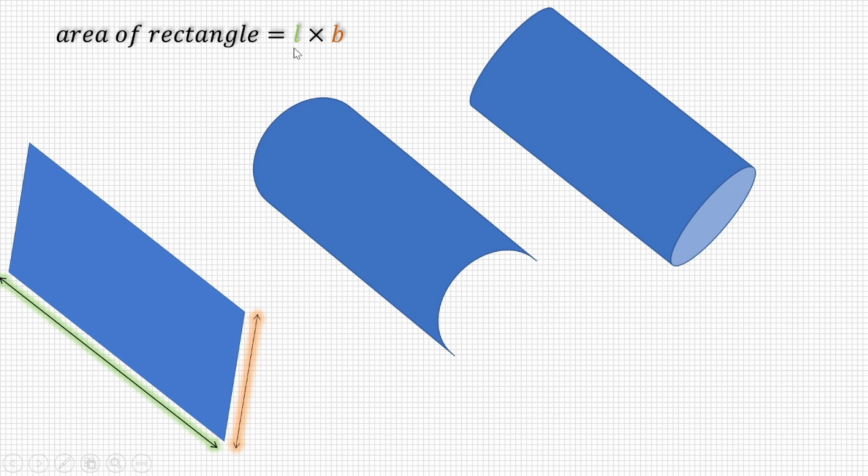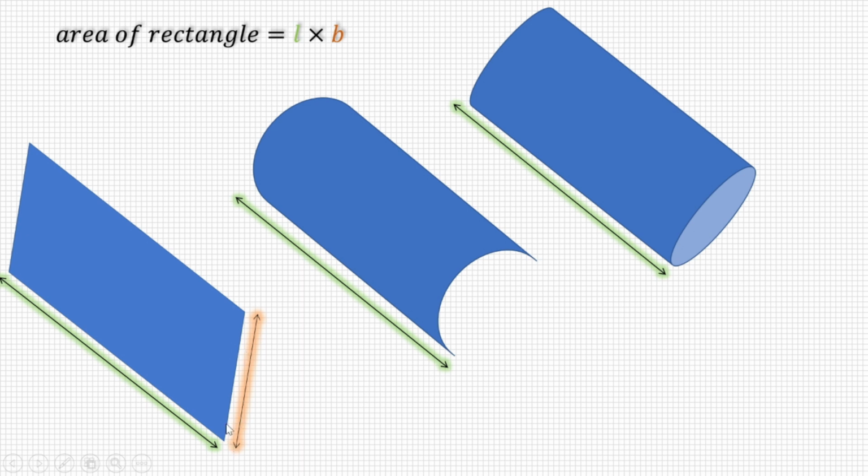Yes, these two give us the area of the cylinder, but we need to redefine these variables so that they become some part of the cylinder. So what is this? This is the length along which we are rolling it, and this length actually becomes the height of the cylinder. And what is B?